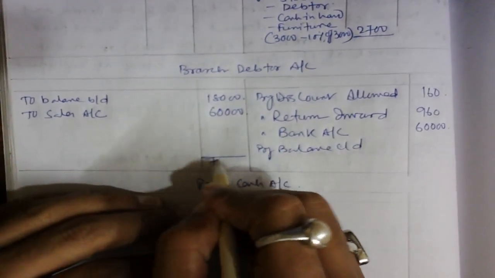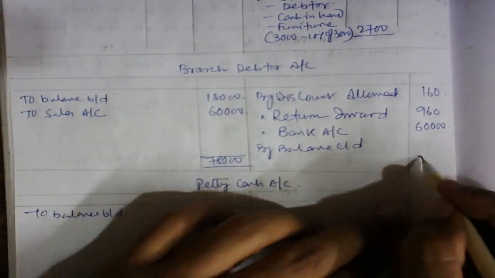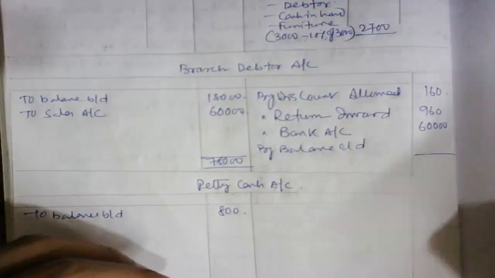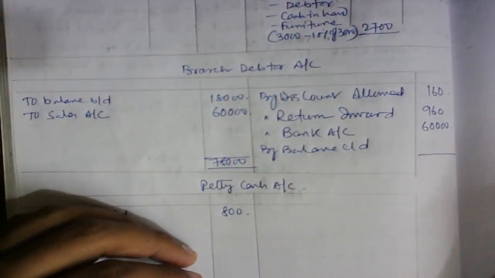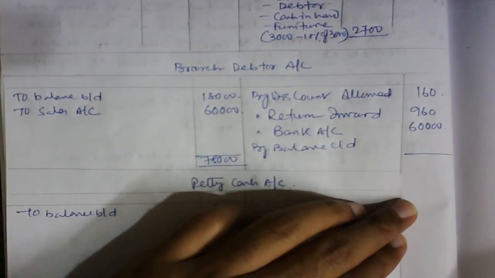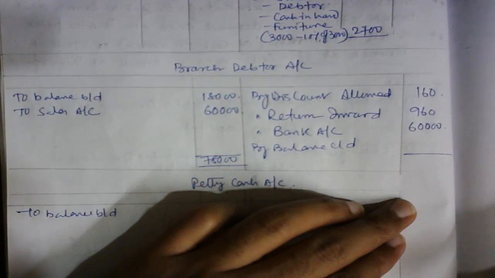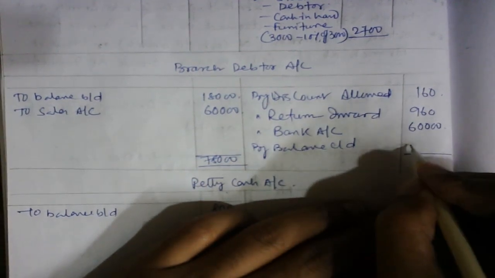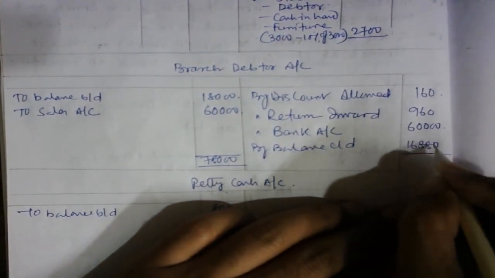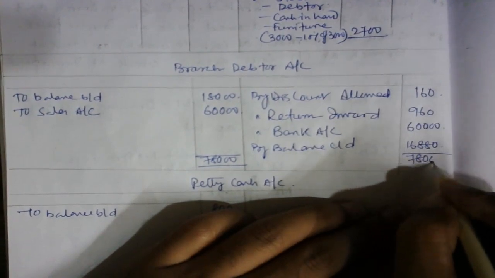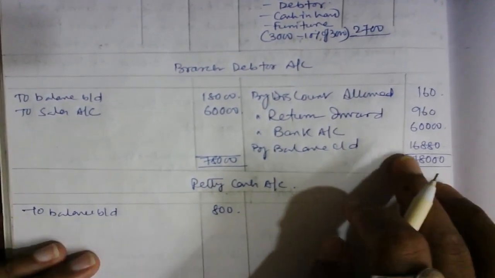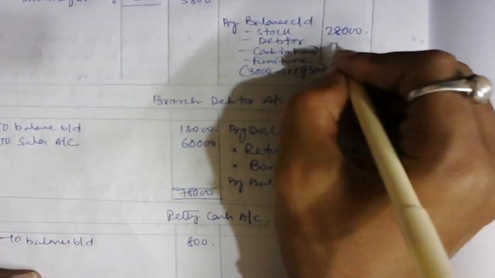So you can write 78,000 from here, and from here 78,000 minus 160 minus 960 minus 60,000. It is 16,880. Done, sir. So this balance will be plotted here, debtor 16,880.